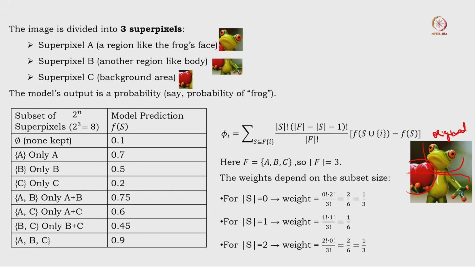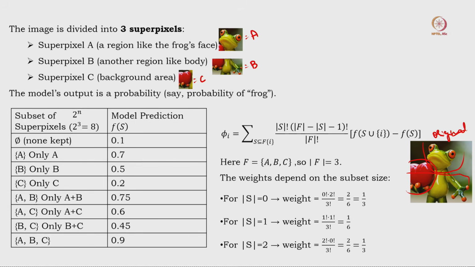In reality, it will not be divided into just 3 superpixels, it will divide into many, in the 50s, hundreds of superpixels. For understanding purposes, let us assume it is 3 superpixels. This is superpixel A, this region is superpixel B, and this is superpixel C. I hope this is clear to you.